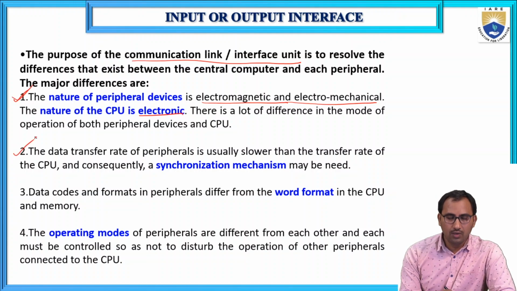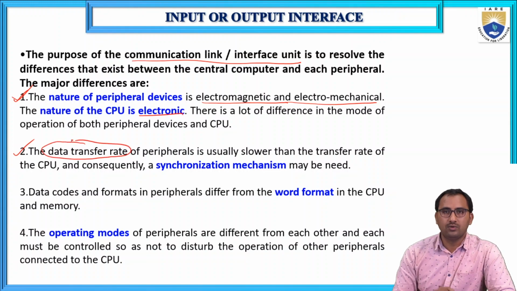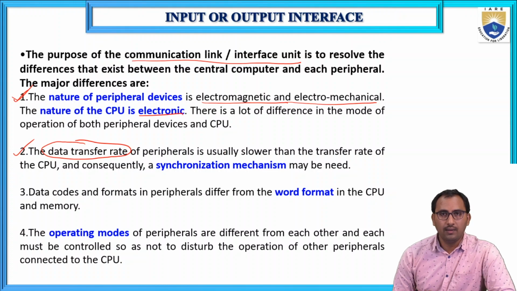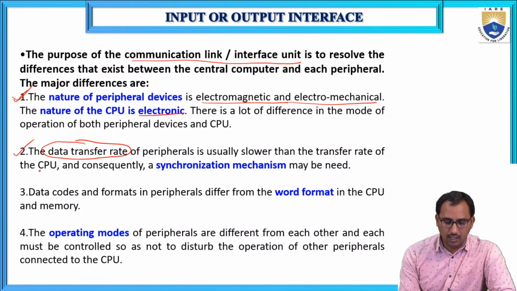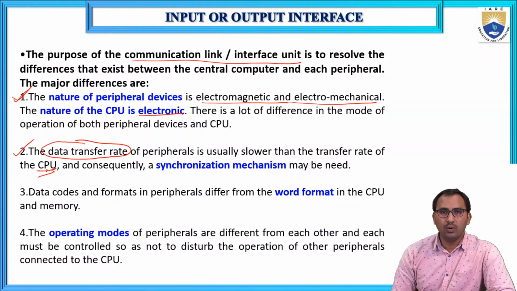And the second one is the data transfer rate. The data transfer rate of peripherals is usually slower when you compare it with the data transfer rate of the CPU, because the CPU can execute instructions at a million instructions per second.